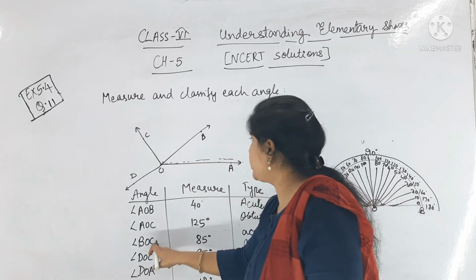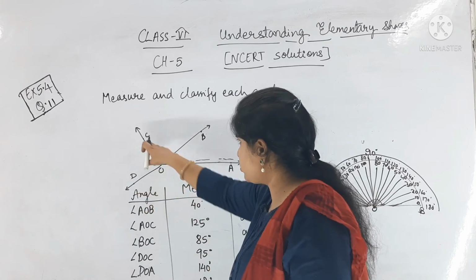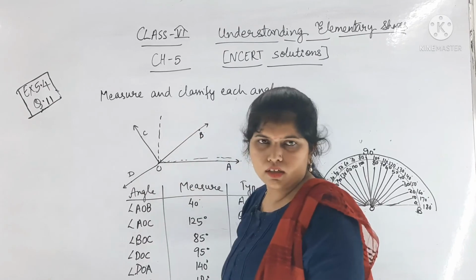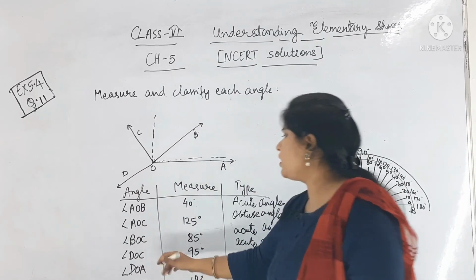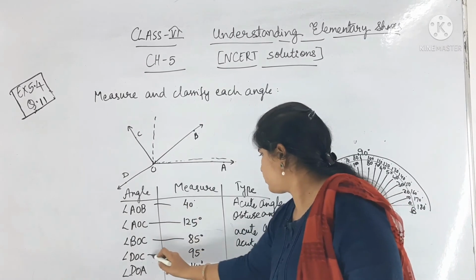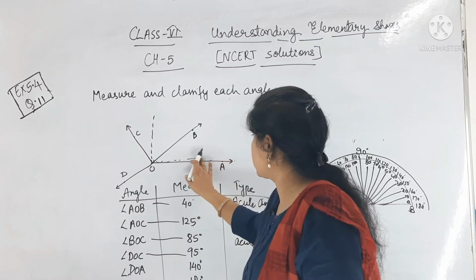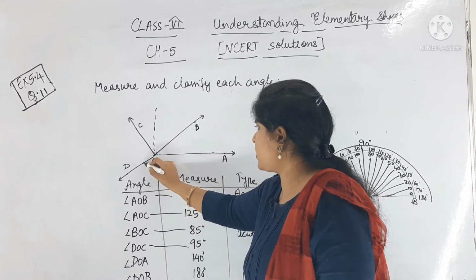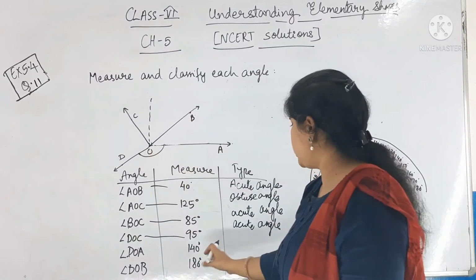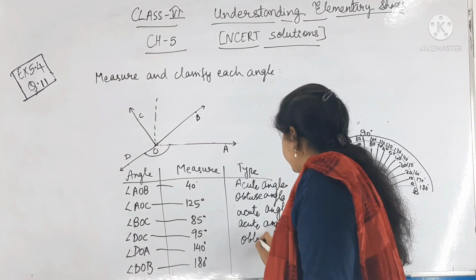Angle BOC is 85 degree, angle DOC is 95 degree. This is 90 degree. Okay, sorry for that, angle BOC is 85 degree, right? This one. So angle DOA is not 95, that is greater than 90 degree, so 140 degree, that will be your obtuse angle.